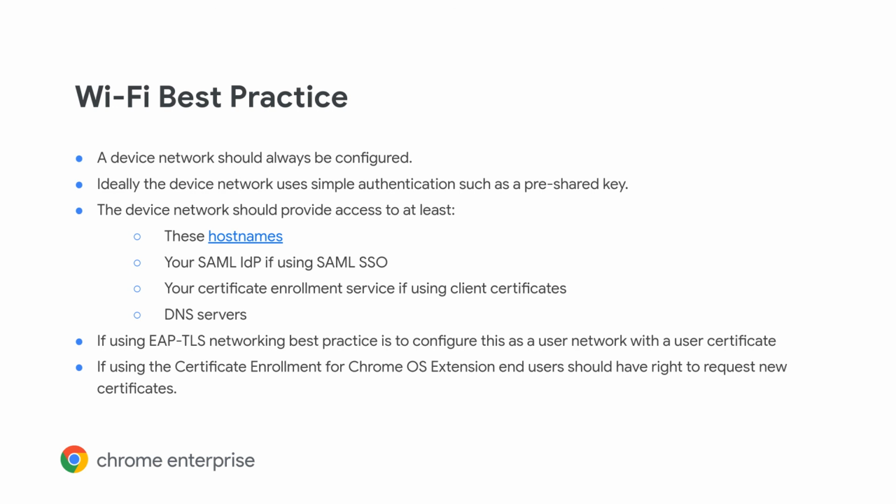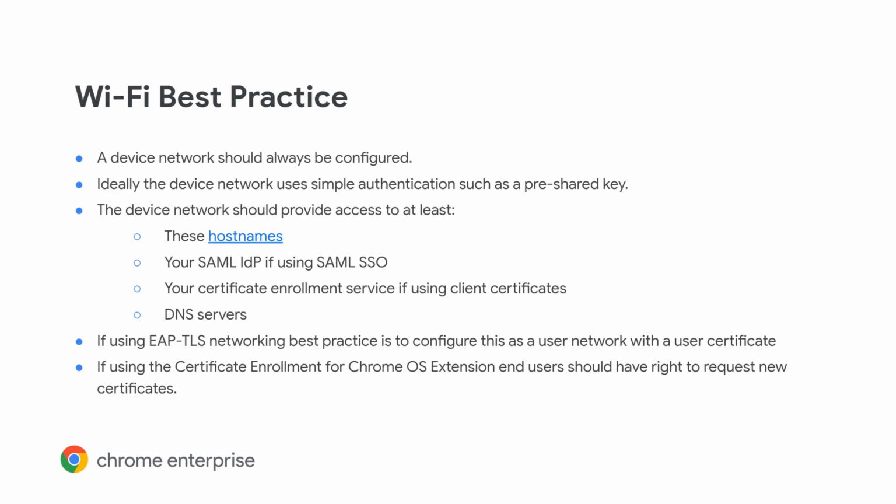Finally, you should also make sure that the device level network has access to DNS servers so that they can resolve DNS. If you're using EAP-TLS, then networking best practice is to configure that as a user network with a user certificate. It is possible to configure device level EAP-TLS with a device wide certificate, but that is not something that we recommend from a best practice point of view.